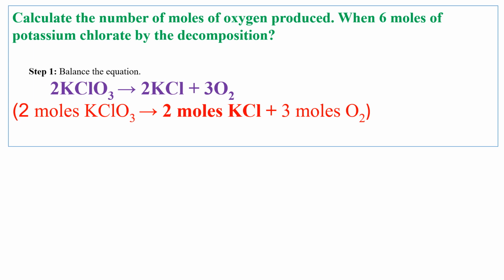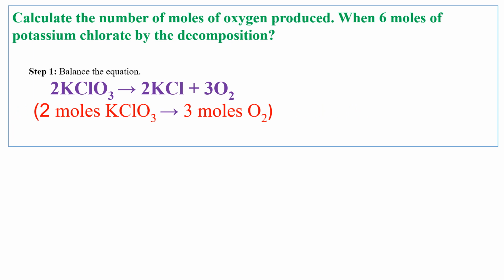Since you are going to calculate the number of moles of oxygen produced, the relation between KClO3 and oxygen is: 2 moles of KClO3 gives 3 moles of oxygen.